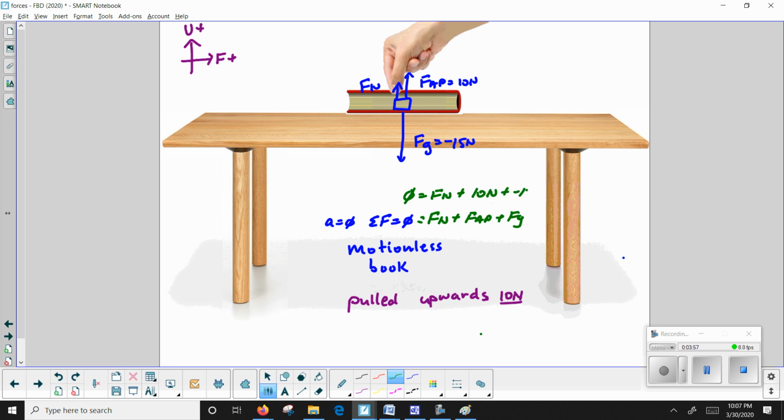Gravity is still downwards. So when I add these two together, we end up with negative 5. You bring it over, and the normal force is going to be 5 newtons. And it makes sense because these two forces together must add up to 15 to counteract the force of gravity. So that's a great example, again, another situation where the normal force is not equal to gravity. So again, be careful for these vertical situations.